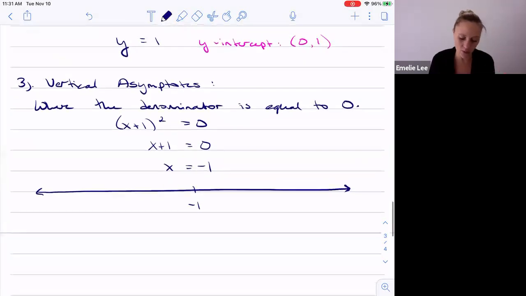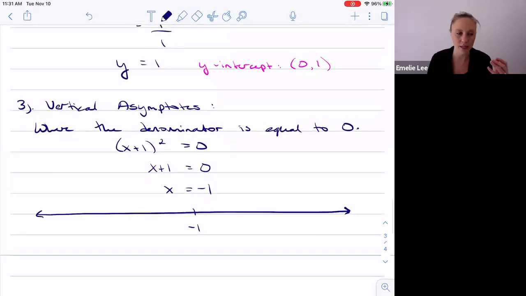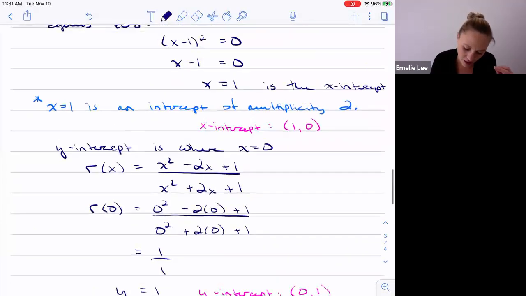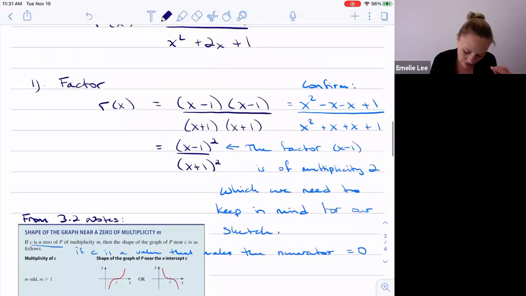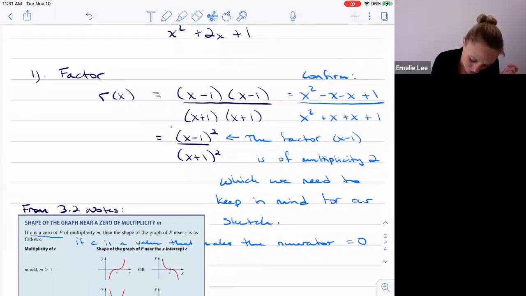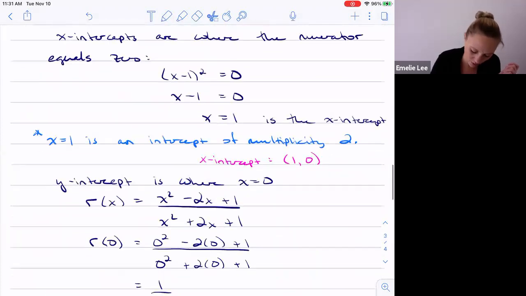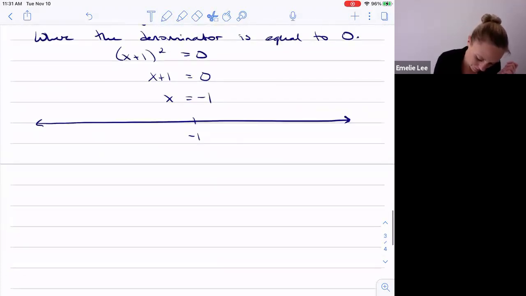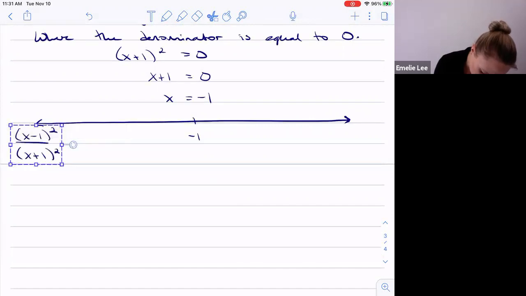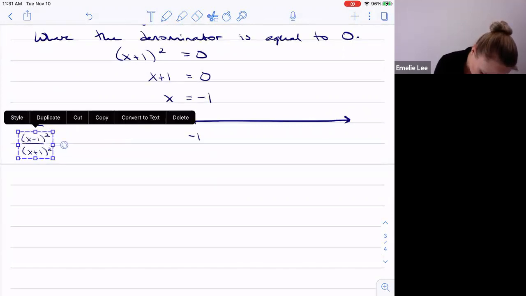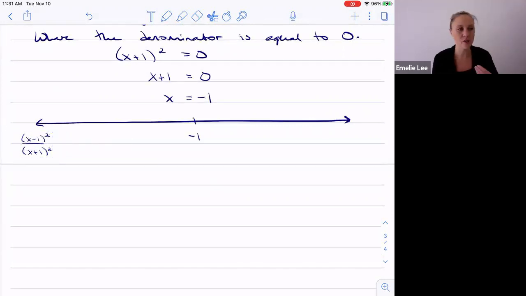Just like before, to figure out the general behavior, we use the factored version of the equation that we're dealing with. I'm just going to put it here, shrink it down a bit. And just remember that that's the function I'm dealing with here.